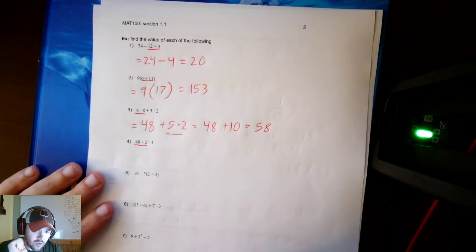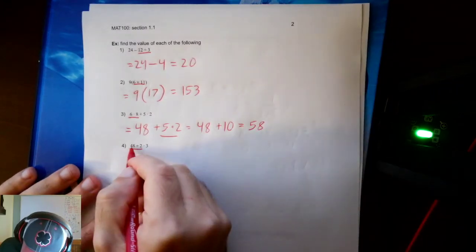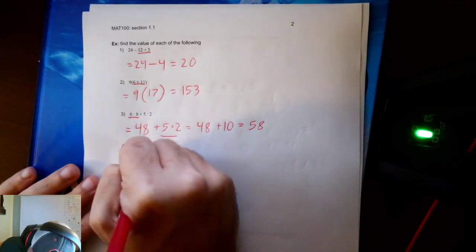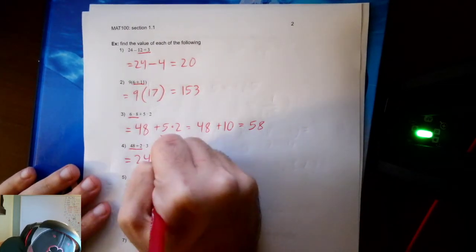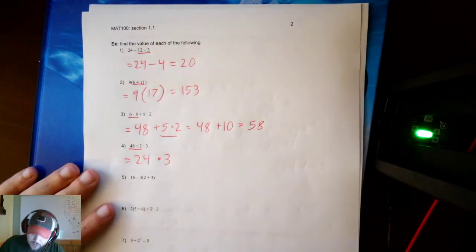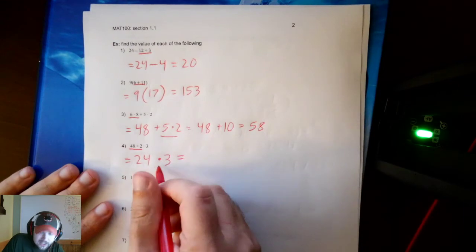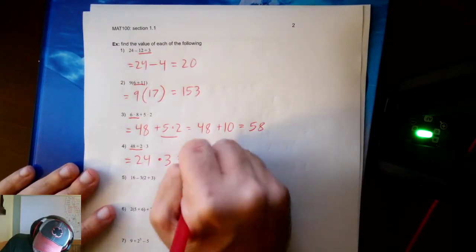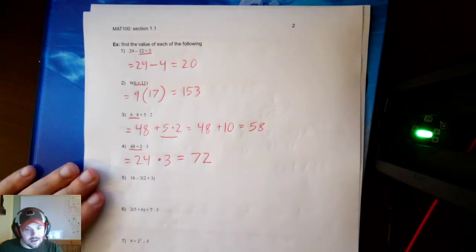Always left to right. So 48 divided by 2 is 24, and then I still have that times 3 floating on the end. And then only one thing left to do. 24 times 3 gives me 60 plus 12 is 72. So I get 72.